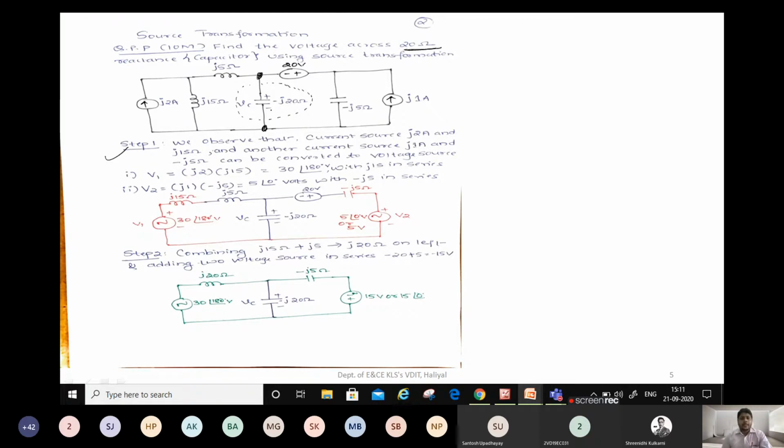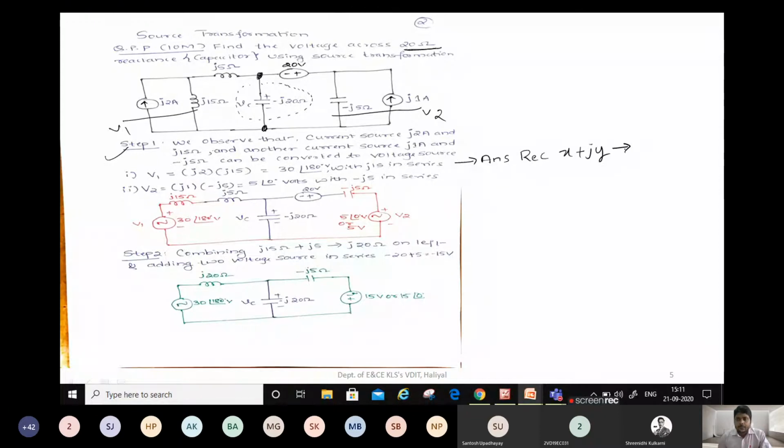I am taking this equivalent voltage source as V1 and this one as V2. How to do that? V equals I into R, so J2 multiplied by J15. Once you do this in the calculator, you will get the answer in rectangular form, something like X plus JY.